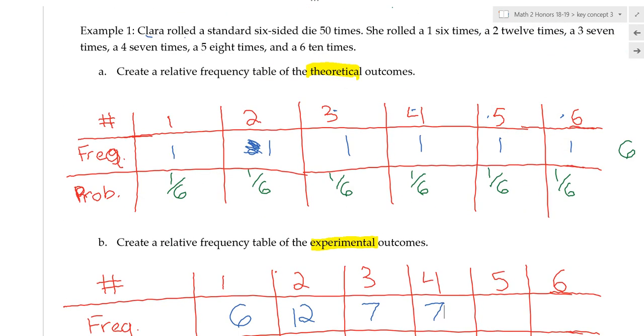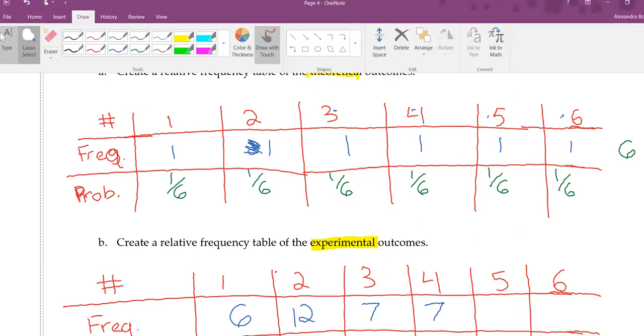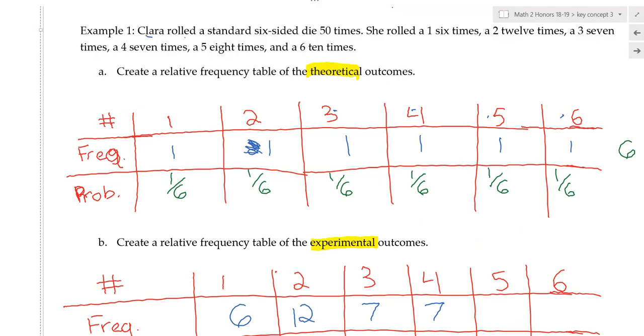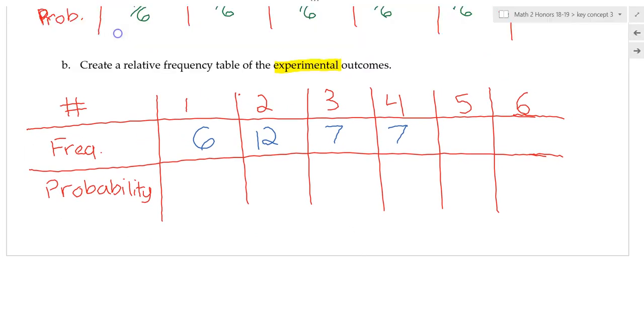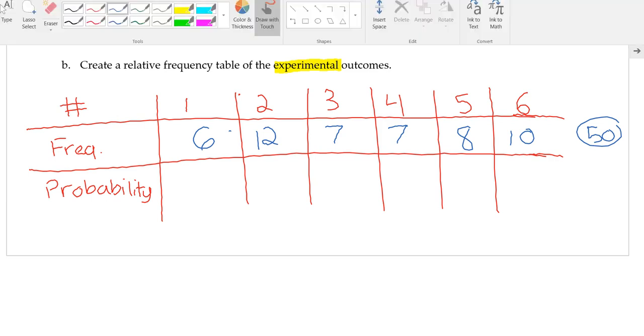She rolled a 5 8 times, and a 6 10 times. You could add all these up to see what your total is, but the problem also tells you she rolled the die 50 times.